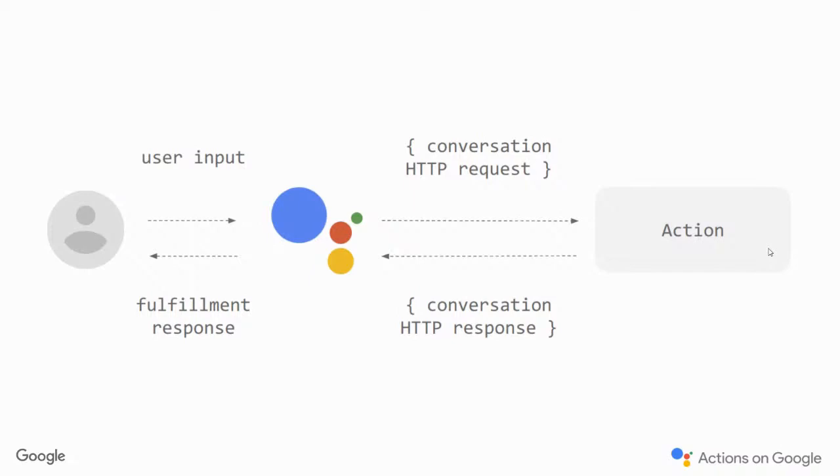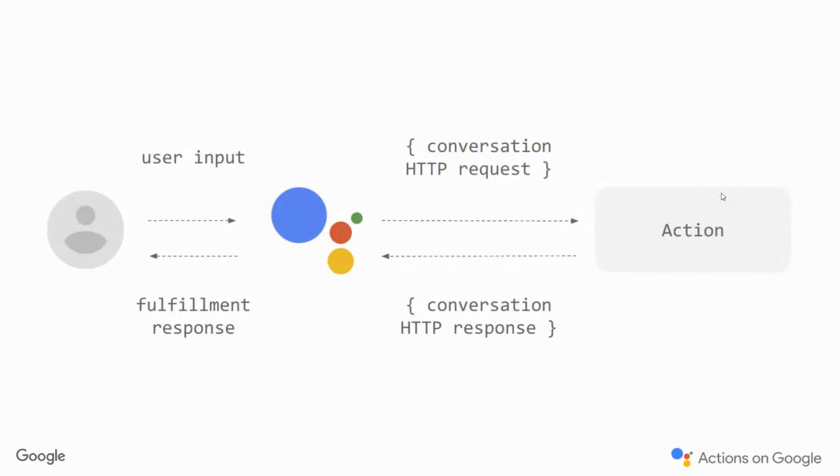So on a high level, we're talking about the Google Assistant and you as a user, what actually happens behind the scenes. So over here you have the user who will give a user input either through voice or text. The Google Assistant will understand, it does all the natural language understanding. It will take care of passing the information, what the user has said, into the right format and call the HTTP request.